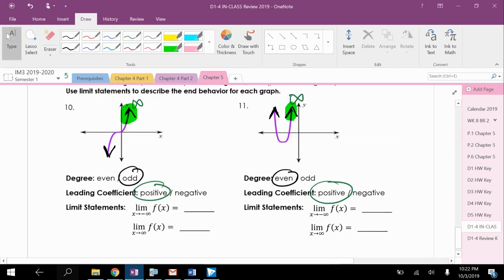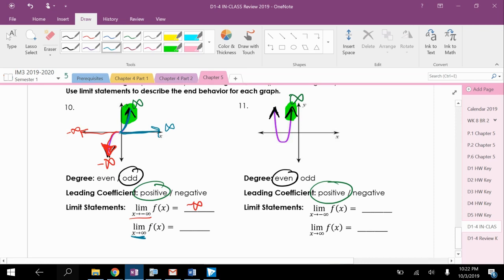Limit statements. As x is getting smaller, here's x, it's going towards negative infinity. The graph itself is going to also negative infinity. Then we have this guy is going to positive x. Here it goes. It's going to positive. X is getting bigger, bigger, bigger.